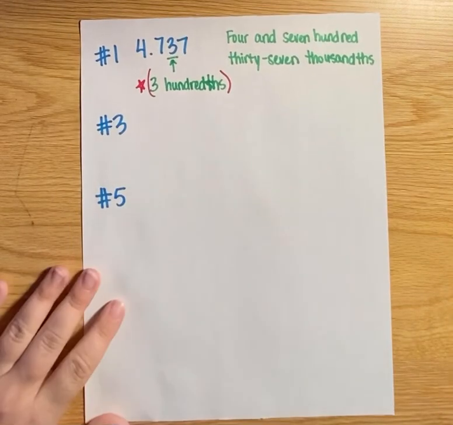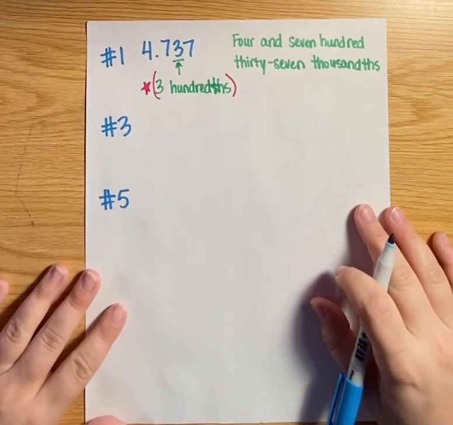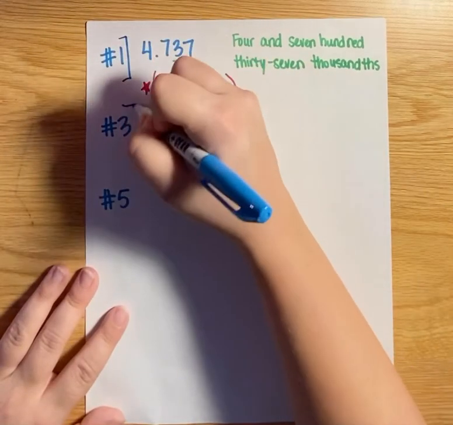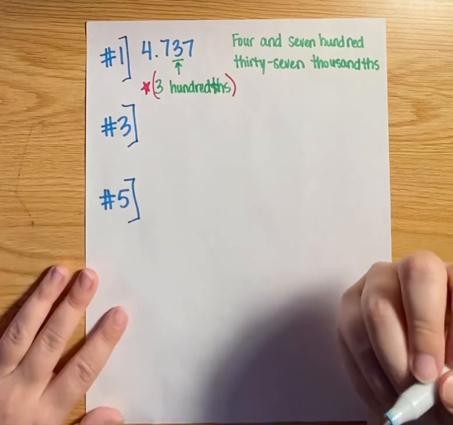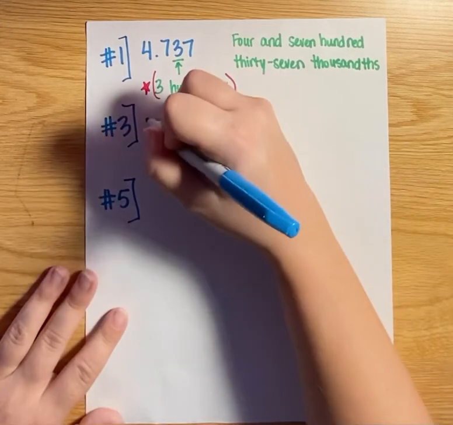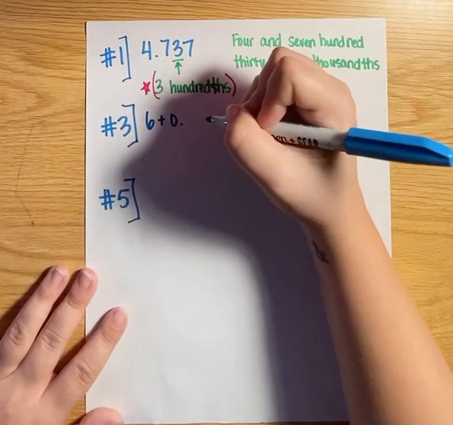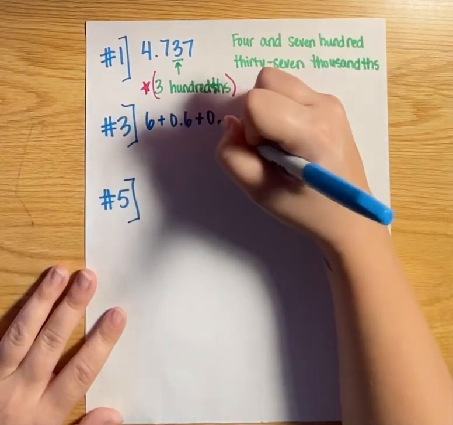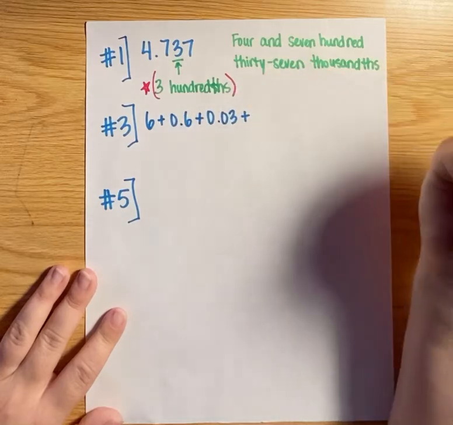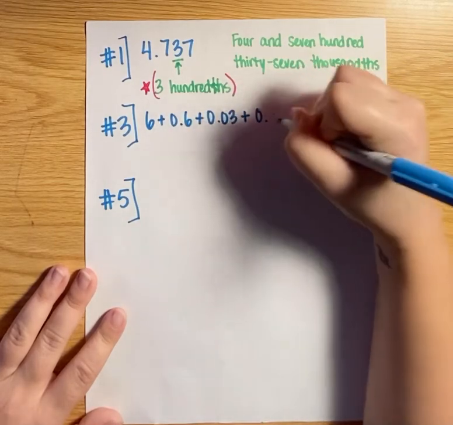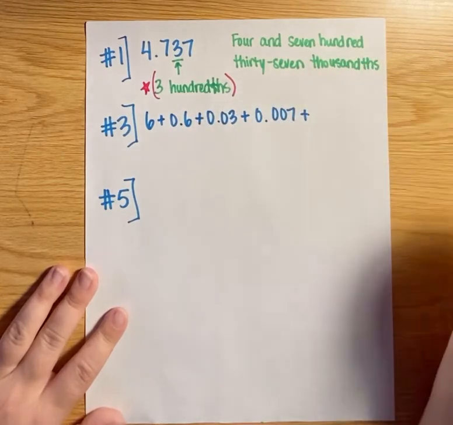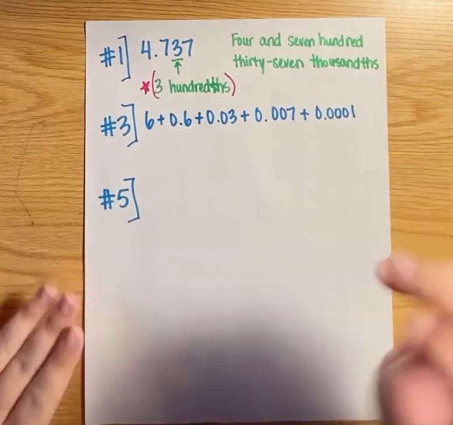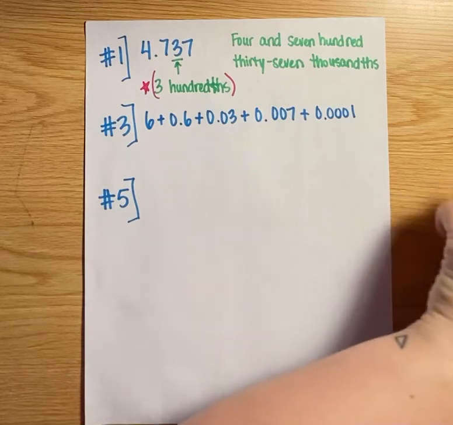Okay? Another problem that you guys might see today is taking an expanded form and putting it in standard form. So we've got, let me write it out here. All right, so let's break this down.